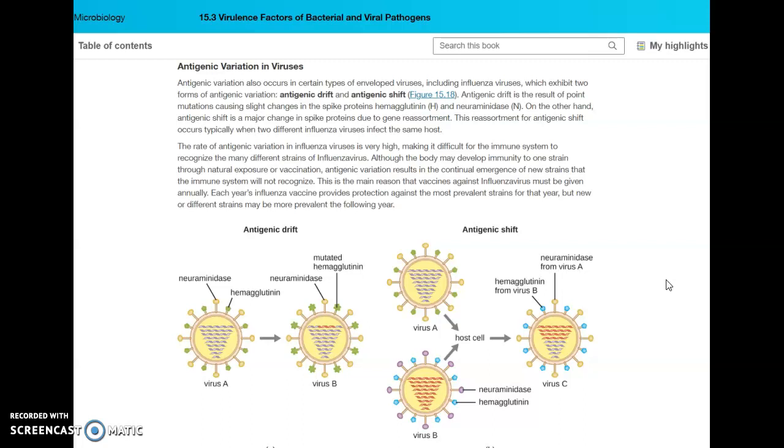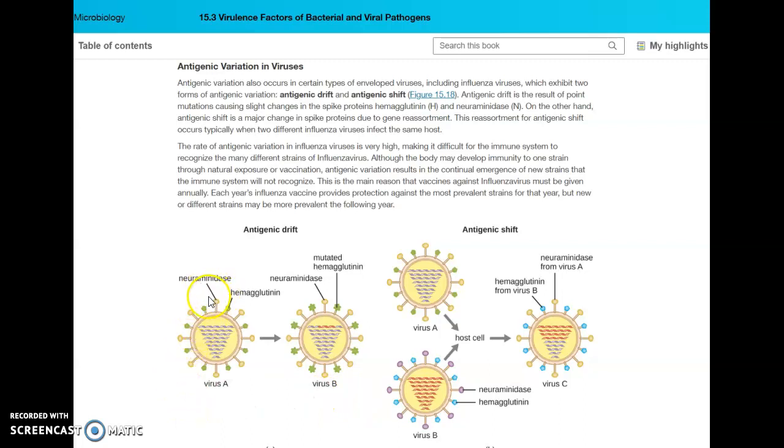Antigenic drift are slight changes in the spike proteins H and N. So this is typically when there's going to be some type of point mutation that occurs. It's going to be a very small mutation within the viral genome, and we're going to get just a very slight change. So here would be an example of antigenic drift.